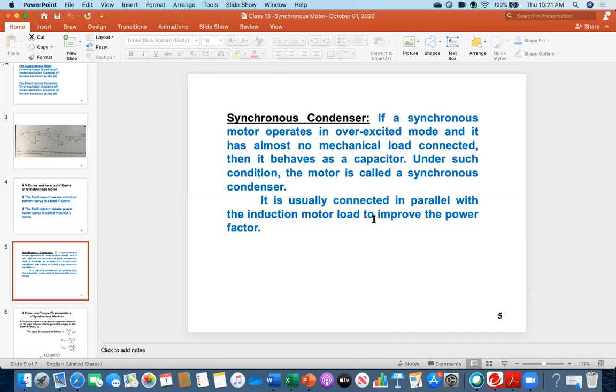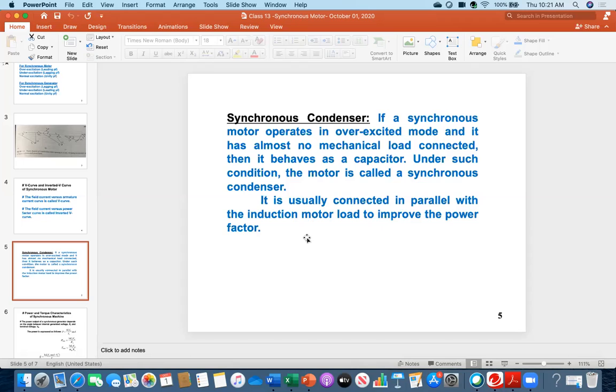That's why in real-world practice, it is connected in parallel with the induction motor load to improve the power factor. Because you know that when we studied the induction machine, you noticed that power factor was always lagging, because the induction machine always draws reactive power from the system, both in motor mode and generator mode.